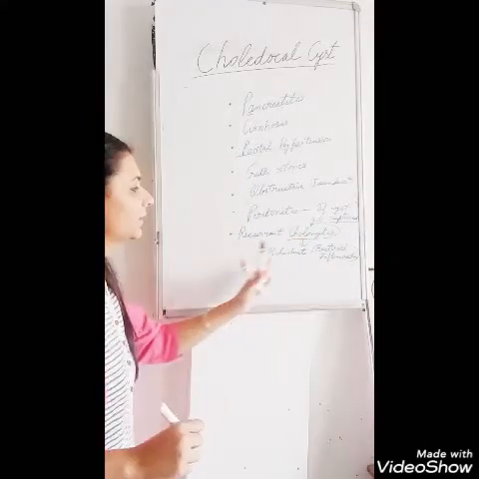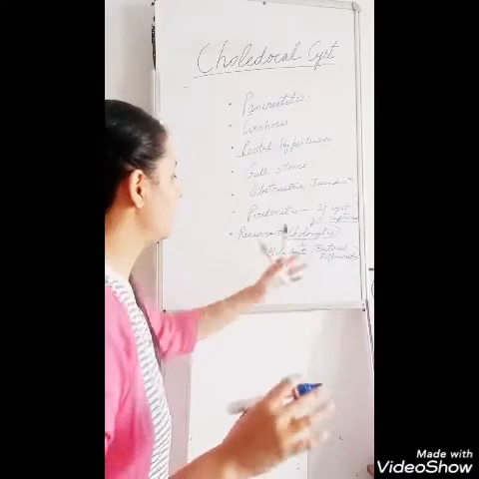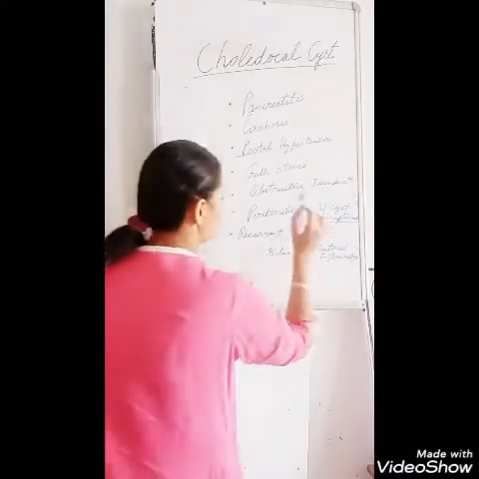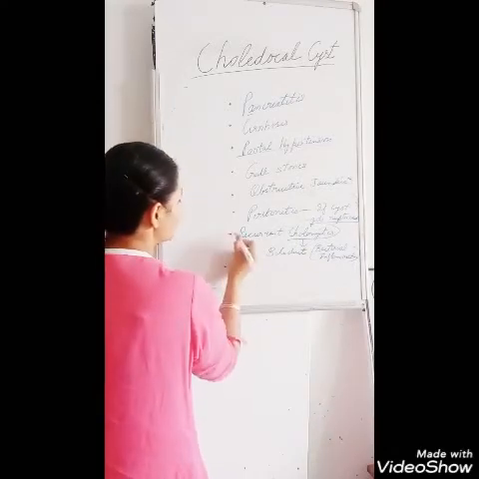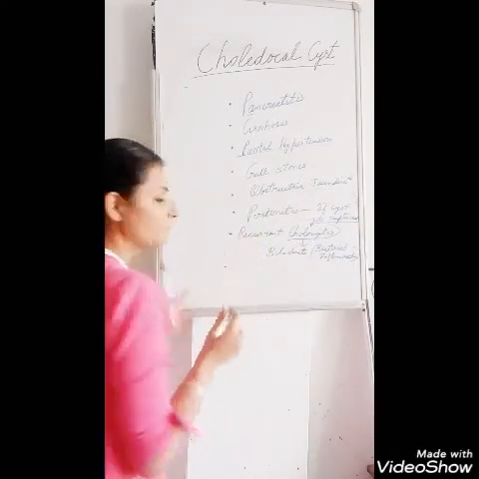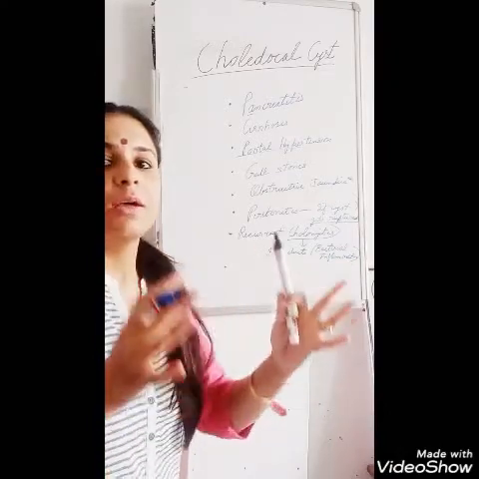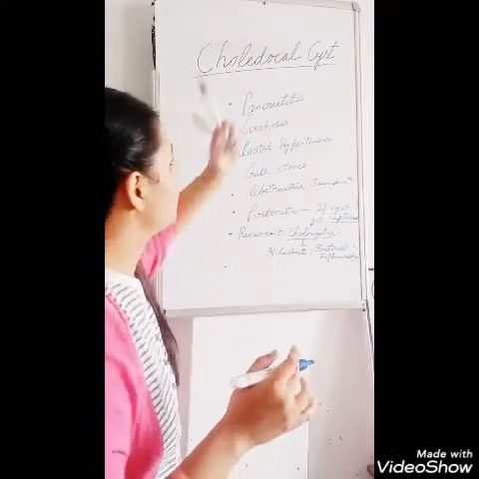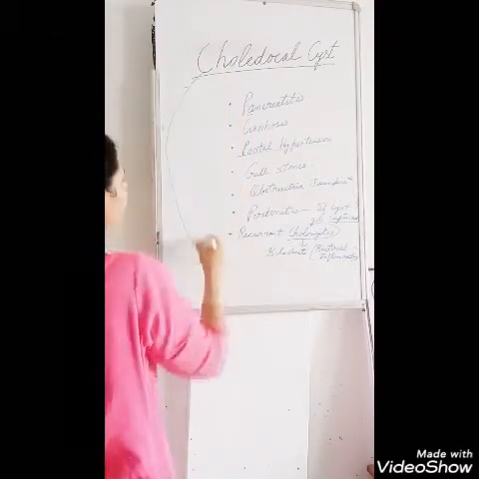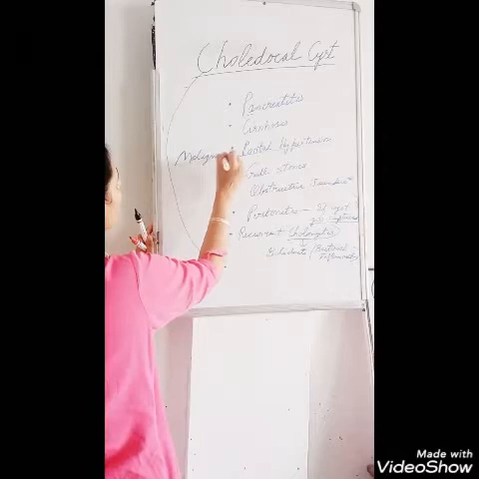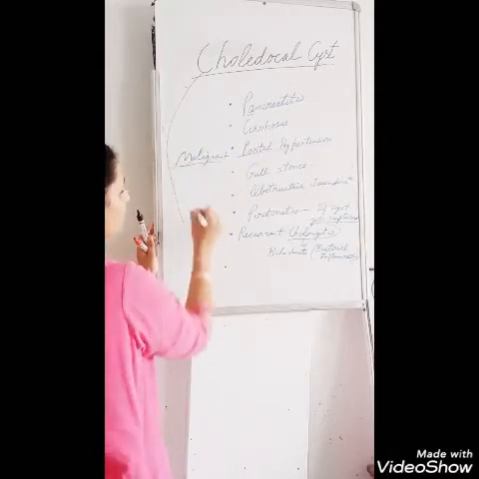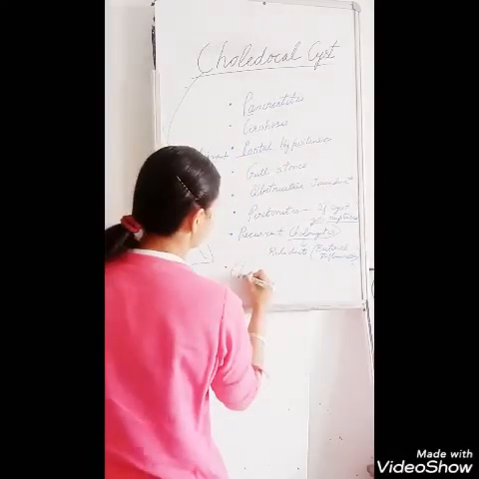So the bacterial inflammation in the gallbladder or in the bile ducts is termed as cholangitis. So there could be recurrent cholangitis, and the very risky complication could be due to malignant changes in the choledochal cyst. If the malignant changes occur, then that will result in cholangiosarcoma.